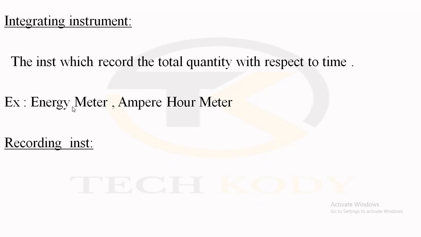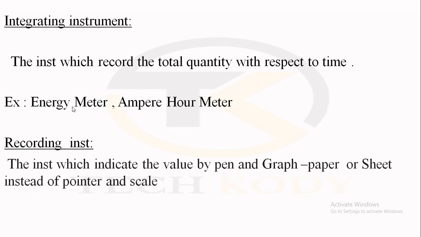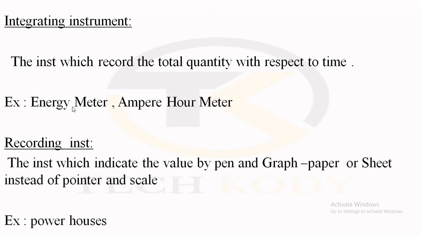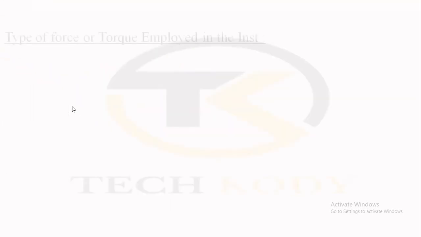These instruments indicate the value by a pen and a graph paper or sheet instead of a pointer and scale. These are called recording type instruments. These are mostly used in power stations, where the pointer moves on the graph sheet. This is called a recording instrument.